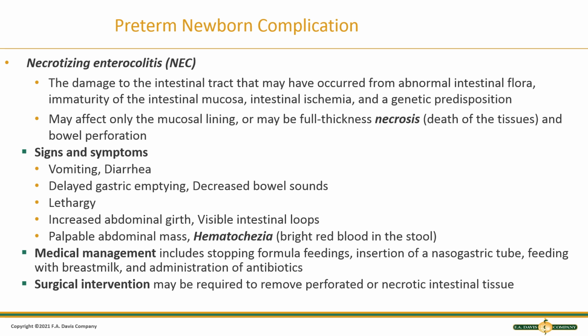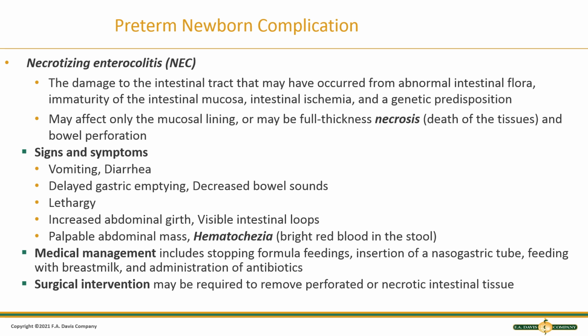We talked about preterm infants at the very beginning of this lecture, but these are some complications that can occur with preterm infants. The necrotizing enterocolitis: the gut, I always say, the gut's not ready to have food pass through it, and it can die, and it can get infected, and it can cause the bowel to perforate.